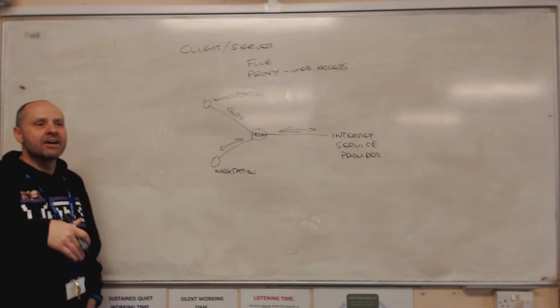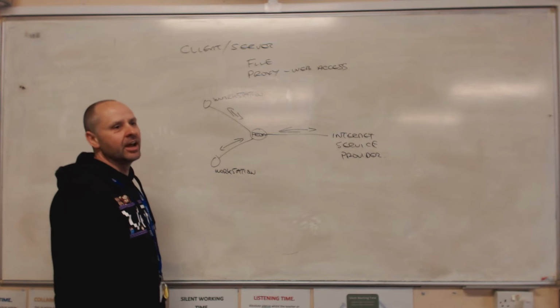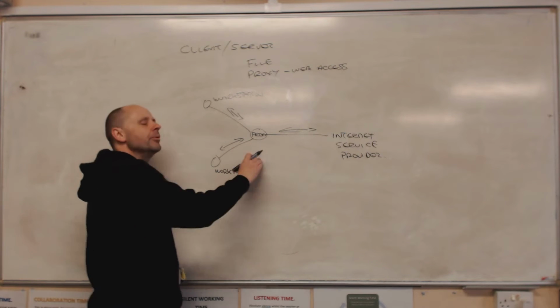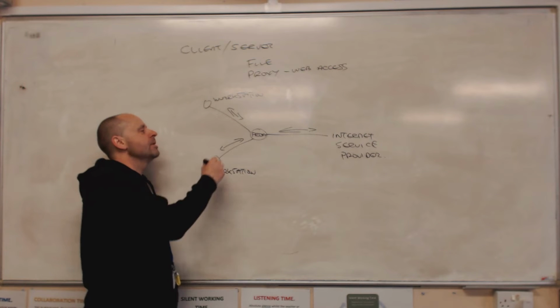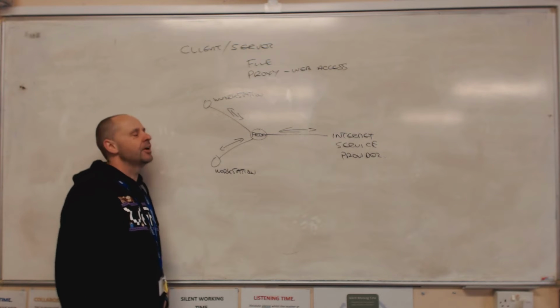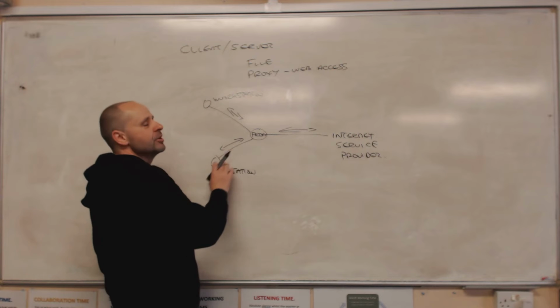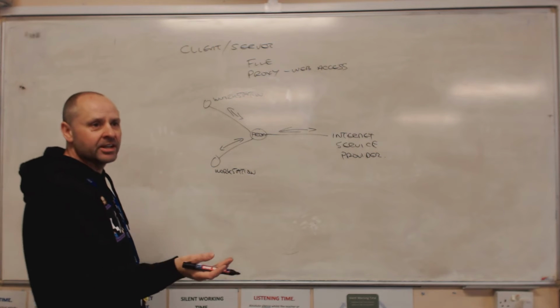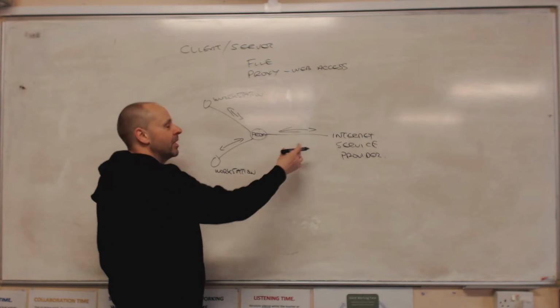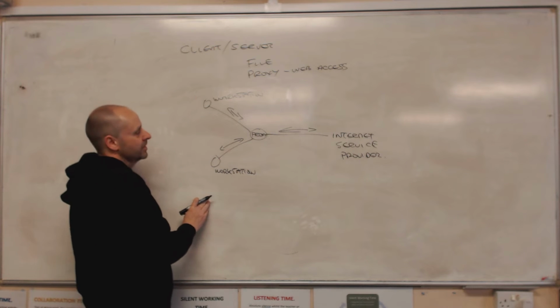So instead of connecting every workstation individually to the internet, which would be insane, we dedicate a server, which we call a proxy server, and we make requests to that server, and that server goes, okay, I know who you are, I will forward that to my internet service provider connection, go and retrieve the web pages, and then deliver them back to you.